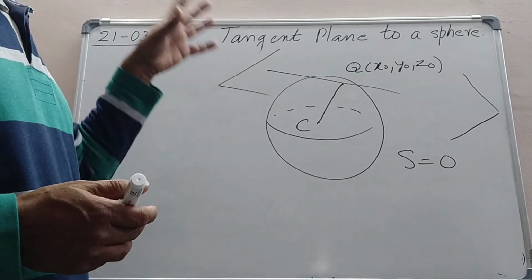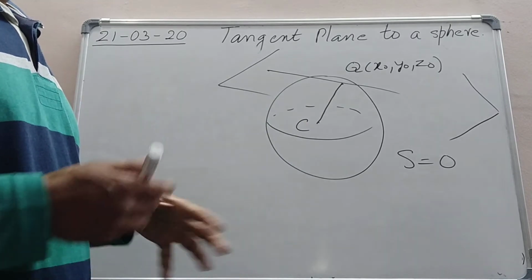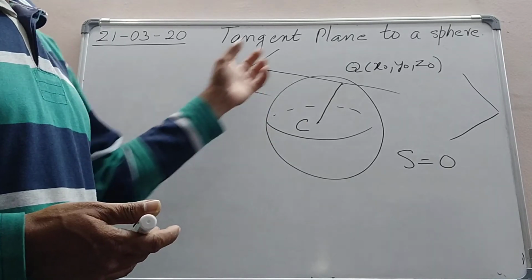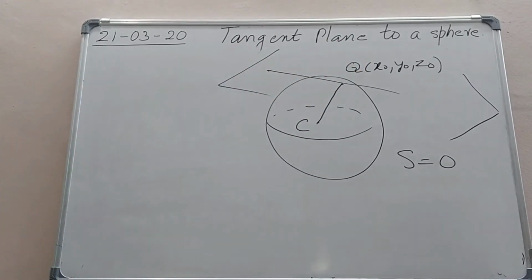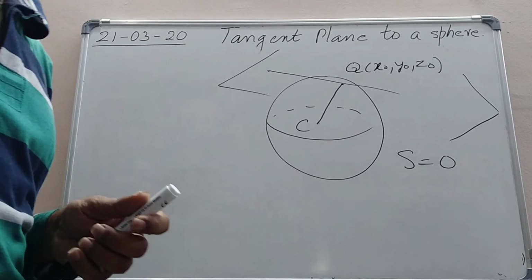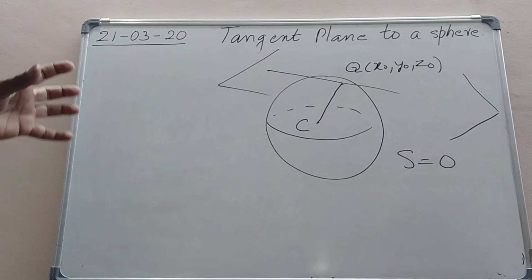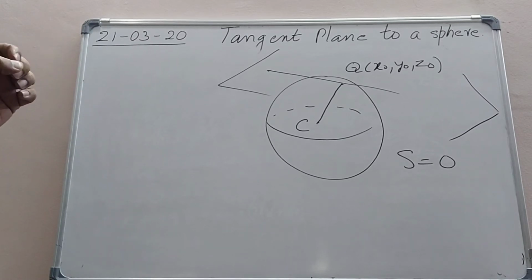So if someone gives you a direction perpendicular to CQ, then you can go ahead and find the equation of the tangent line. So nothing more about tangent lines, except that I will discuss how to find the length of the tangent line from a point outside the sphere.